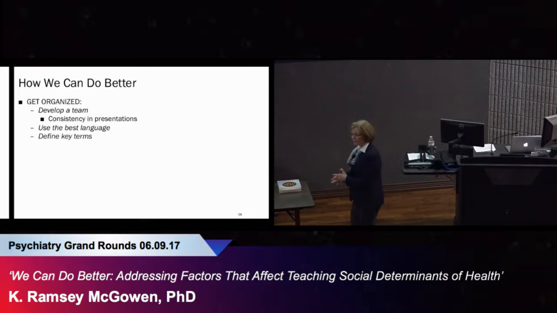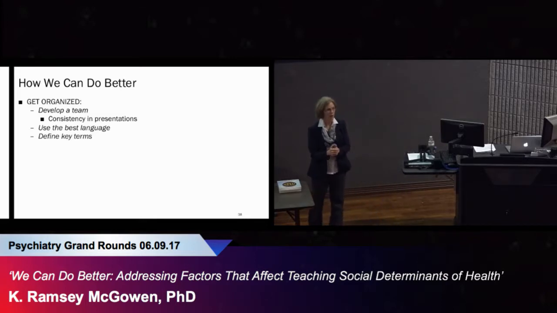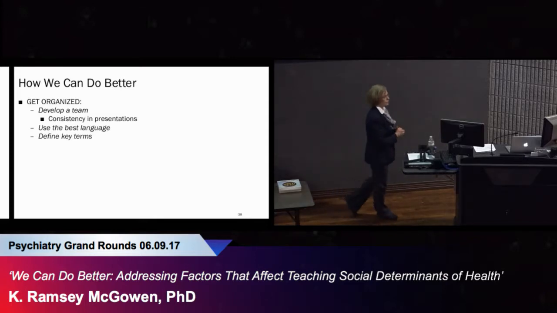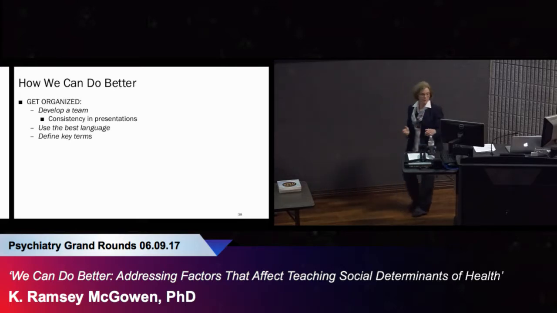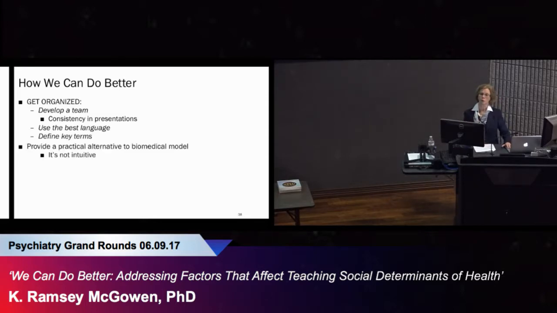We need to practice medicine and healthcare in a way that begins incorporating some of these new models. We need to use the best language, not language that closes doors, but language that opens doors. We need to define our terms clearly and not leave them open to vague interpretation and prior associations.